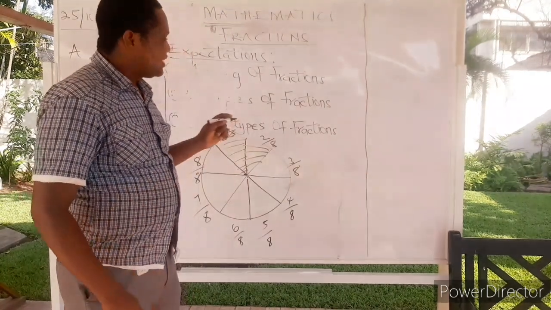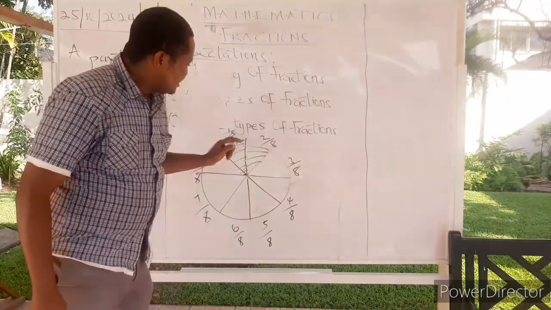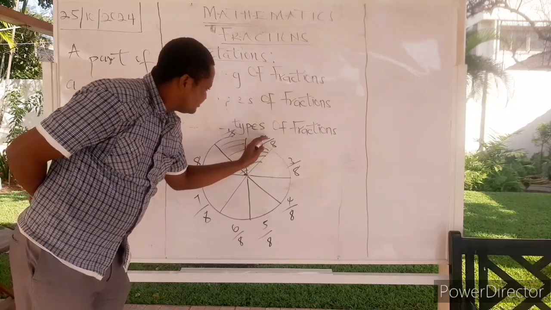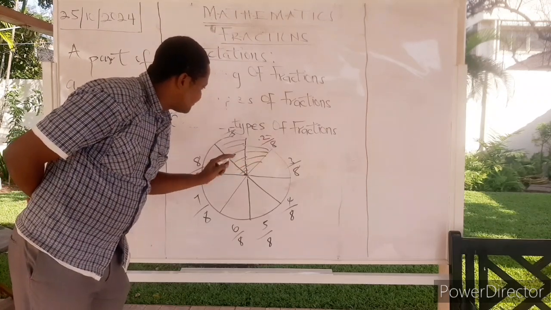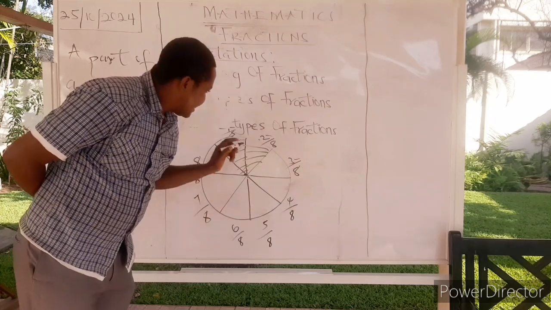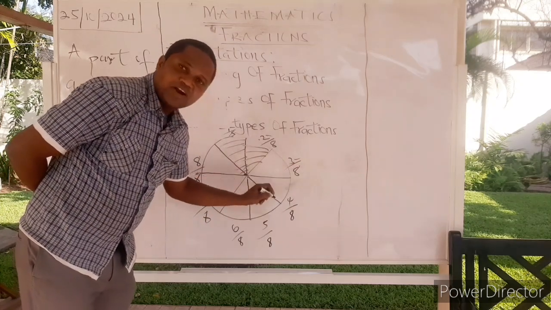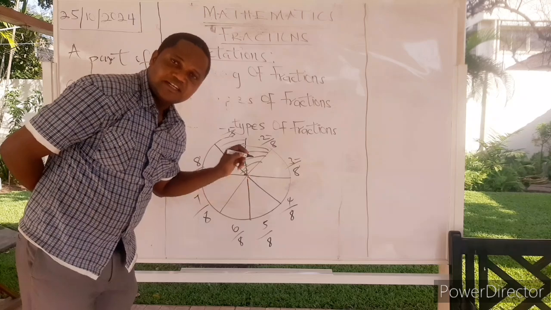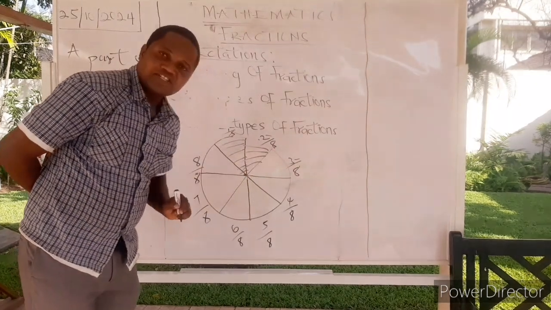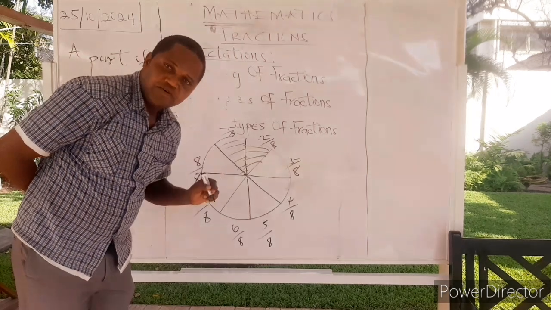When we say numerators, what does that mean? It means the number at the top. The number at the top of every fraction is referred to as the numerator. And the number at the bottom of every fraction is referred to as the denominator.